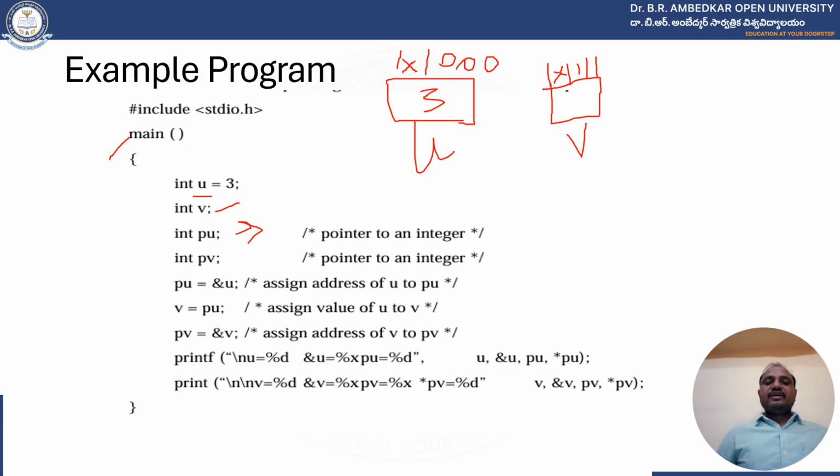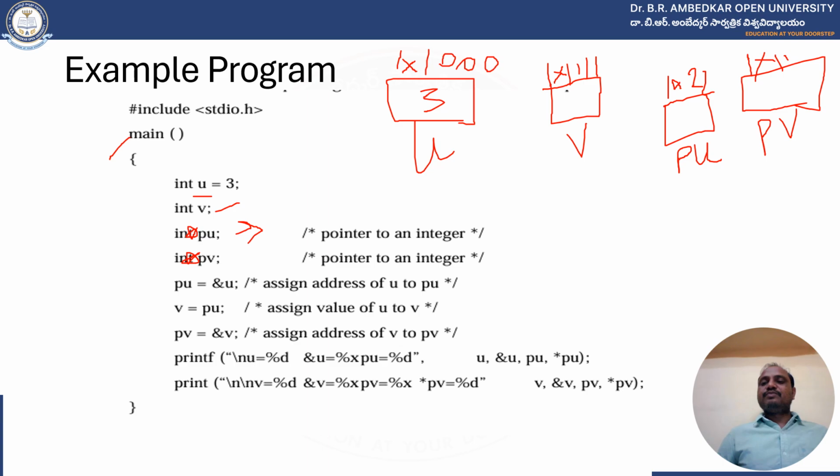One more variable is int star pu, a pointer variable pu, and also int star pv, a pointer variable pv. These may also have some addresses, and they are empty, as we didn't assign anything.